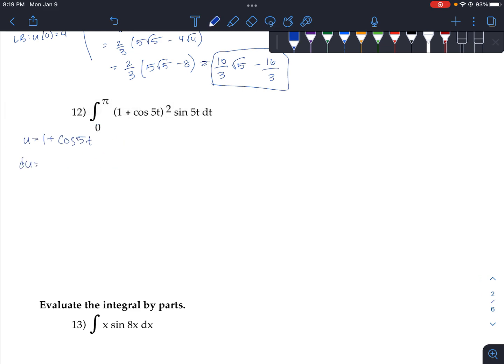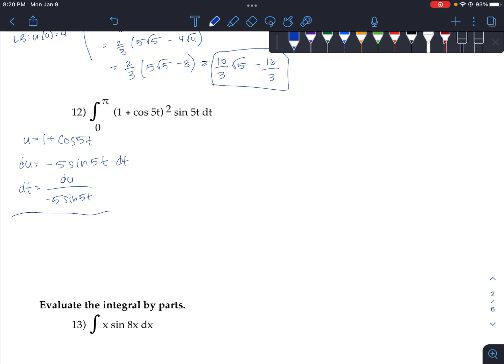Okay, so du would be equal to, the derivative of that would be negative 5, because you have to multiply by the inside, sine of 5t. So I think that's what you want to do. Okay. dt, yeah, don't forget the dt. Okay. And then divide, so dt will be equal to du divided by negative 5 sine of 5t.